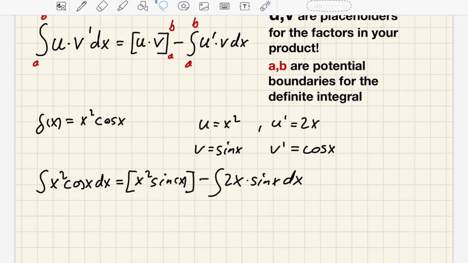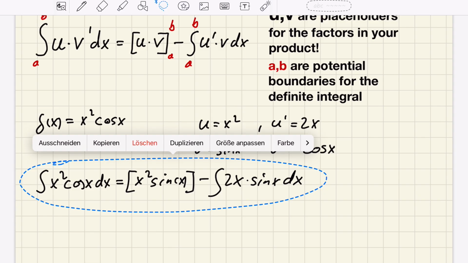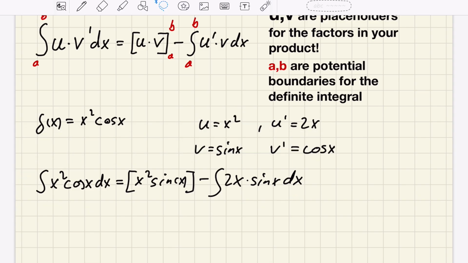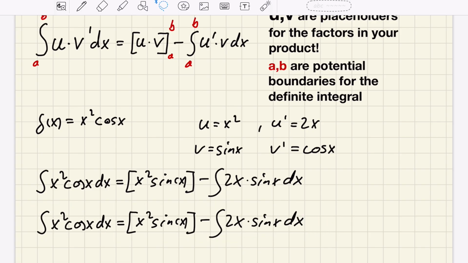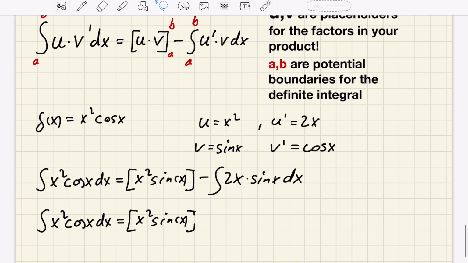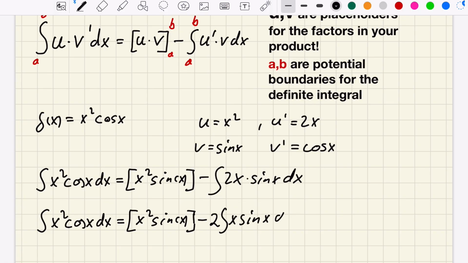Okay, so first I'm going to copy this. Simplify it a little bit. You can write this 2 in front of the integral: x sine x dx.